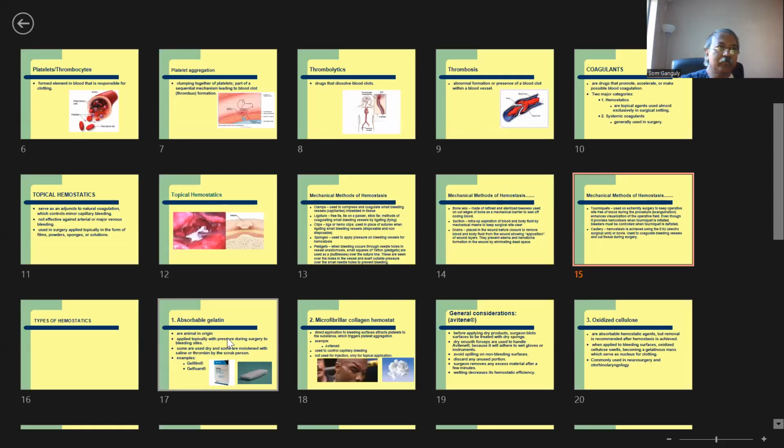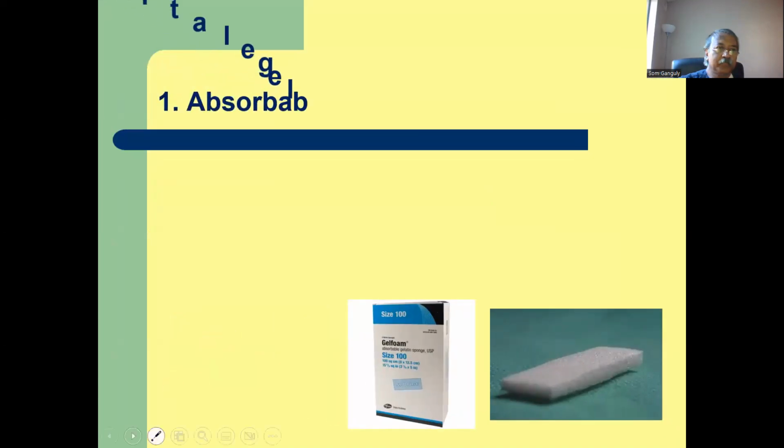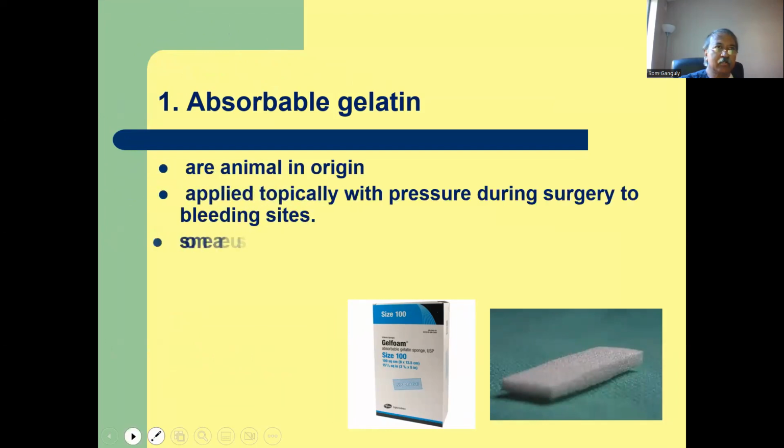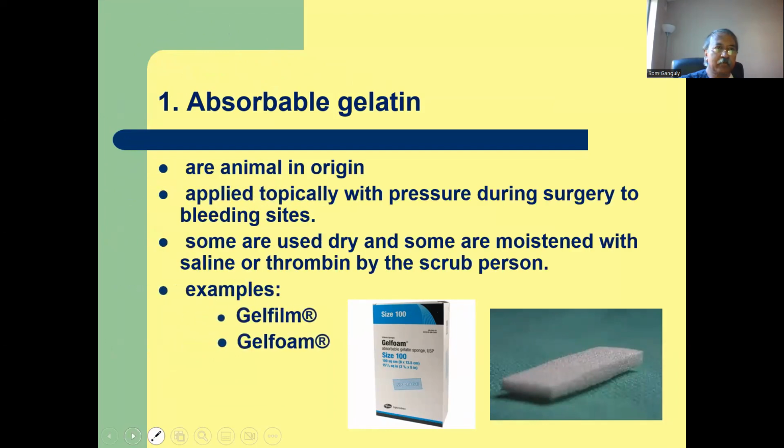Now, hemostatic agent, we've been talking about this. Absorbable gelatin is manufactured by the manufacturing companies in the plant.